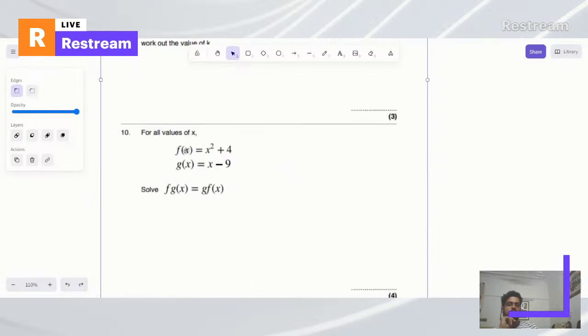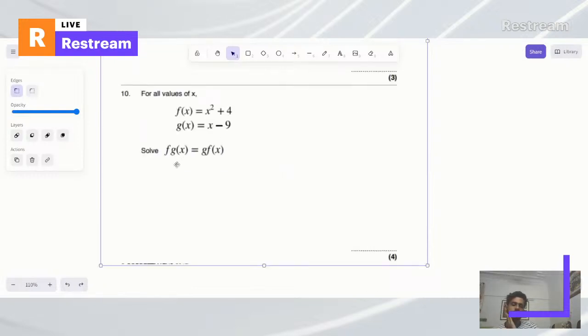And this is question number 10. All right, I hope you all have now taken the screenshots.